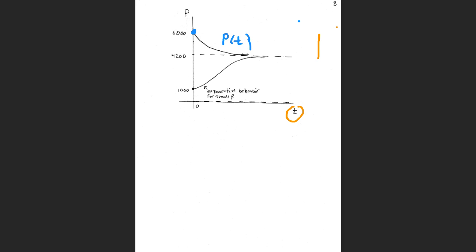All right, so you see the vertical axis is P, and the horizontal axis is T.